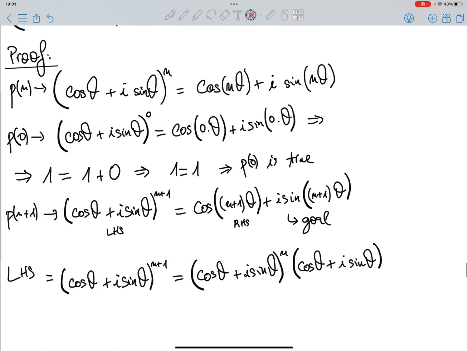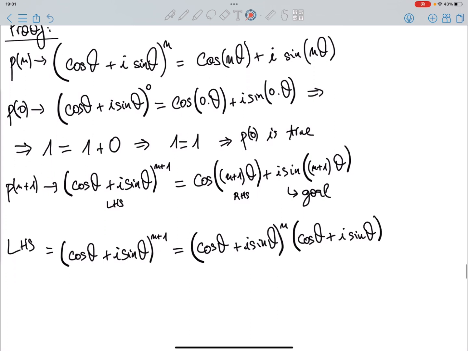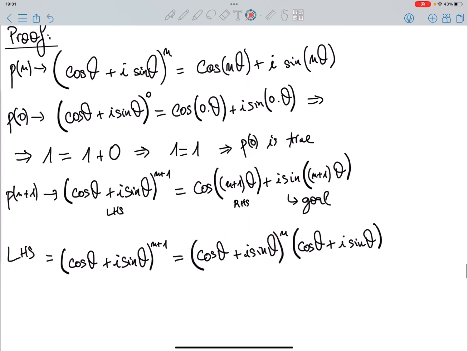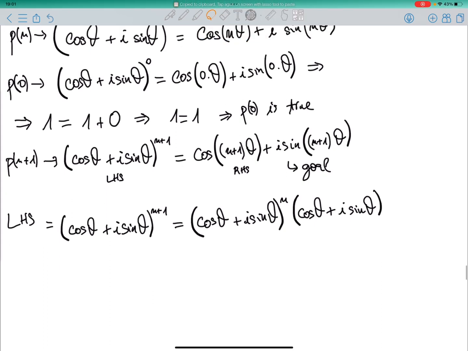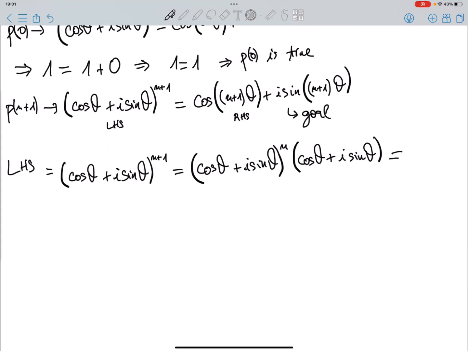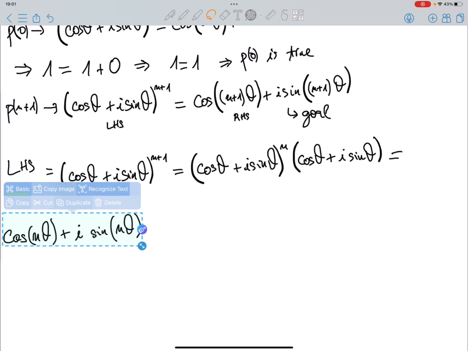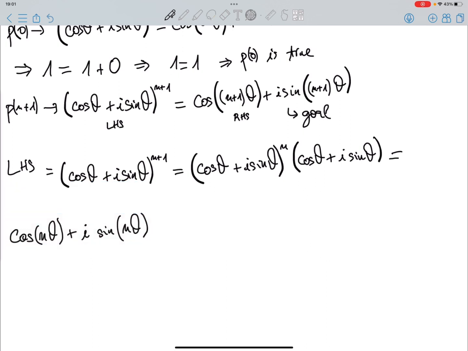Since we assumed that P(n) was true, this is equal to this, so we can copy this right hand side and substitute it here. So we paste it here, times cos θ + i sin θ.